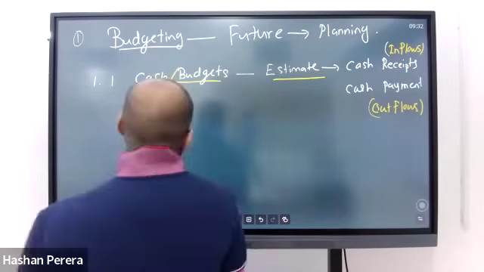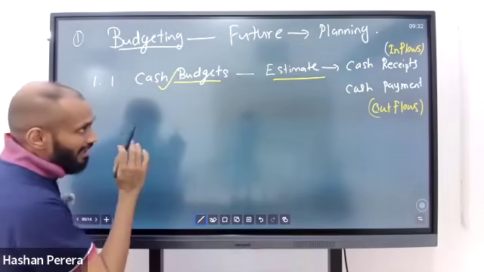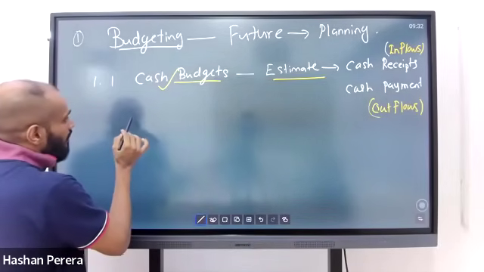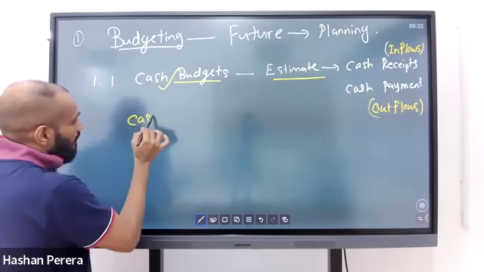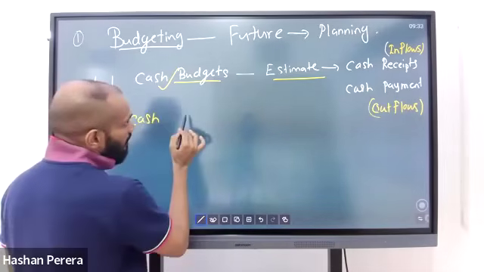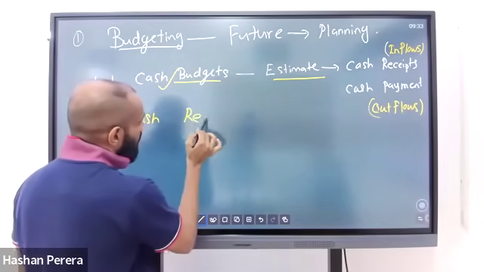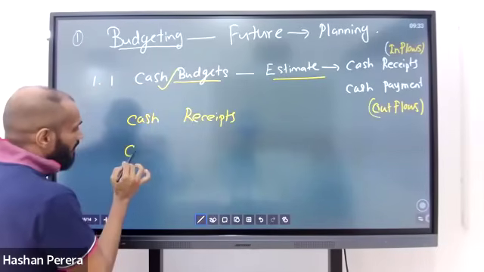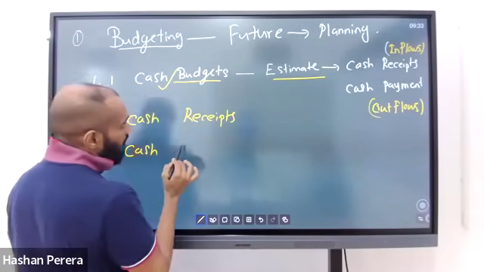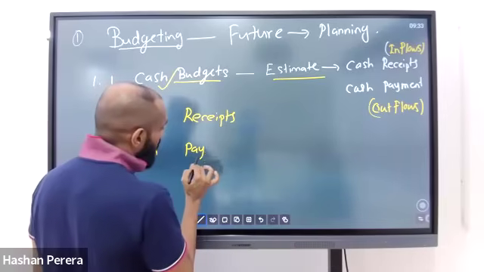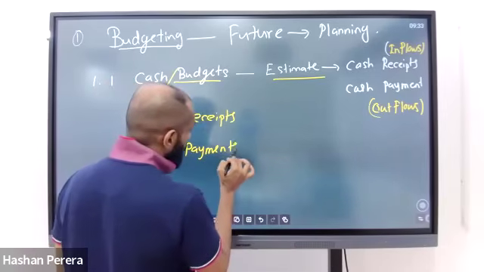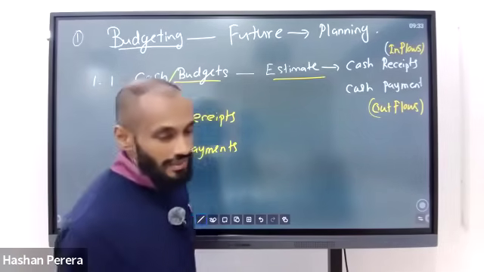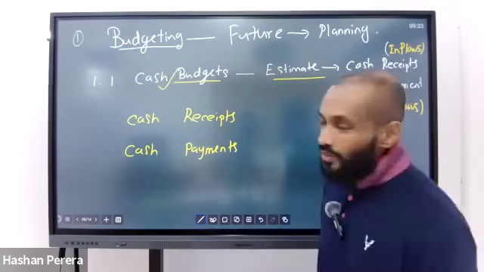Look at this theory. Let's say in a cash budget, what we are doing is we are going to write expected cash receipts and expected cash payments as well. These are the two things we do in cash budgeting.